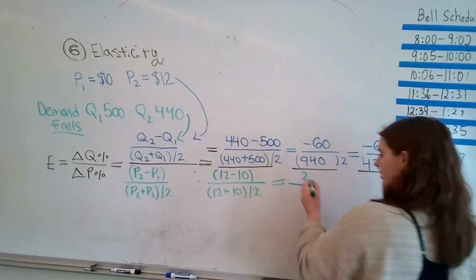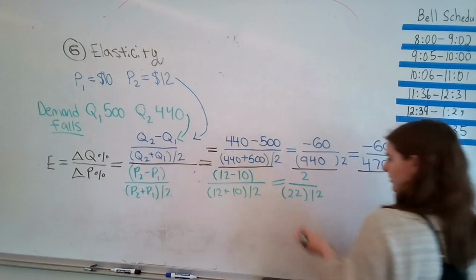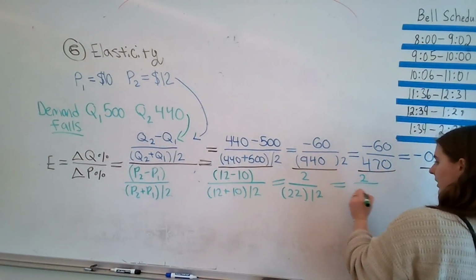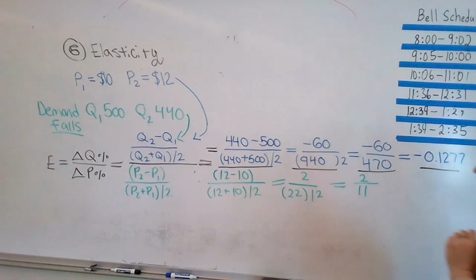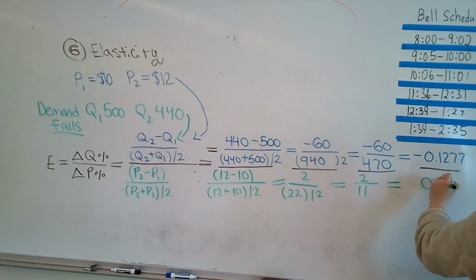We're going up. 2 over 11. 22 divided by 2 is 11. This is going to give us 0.1818.